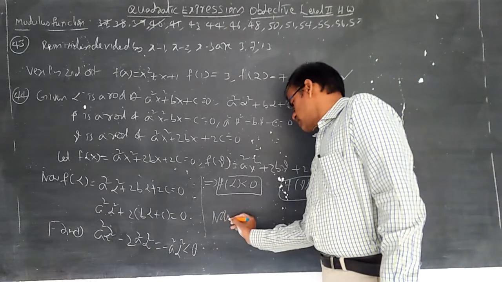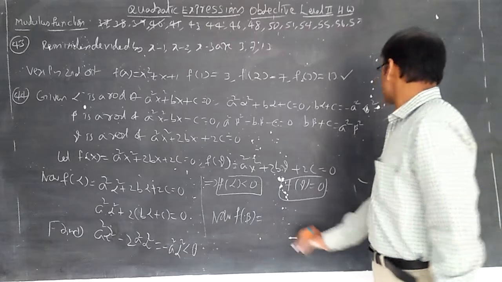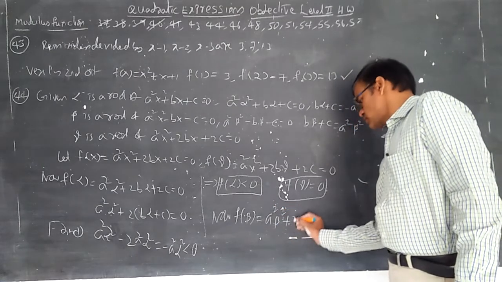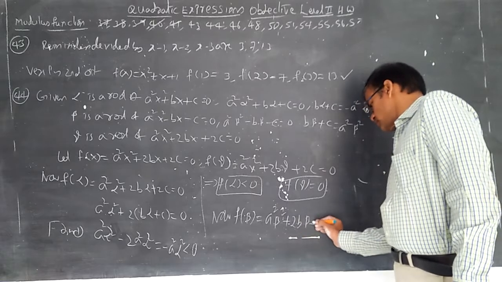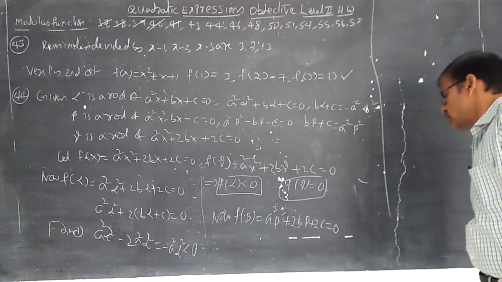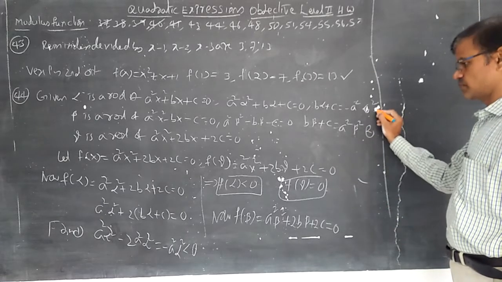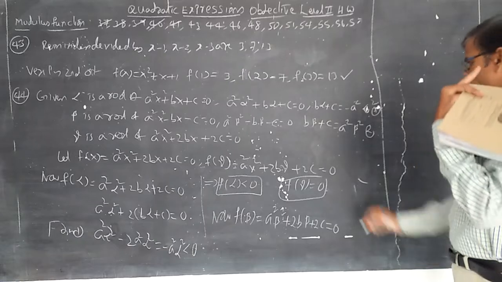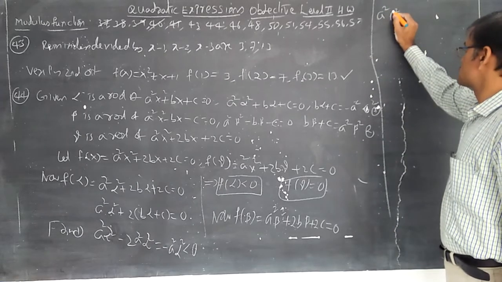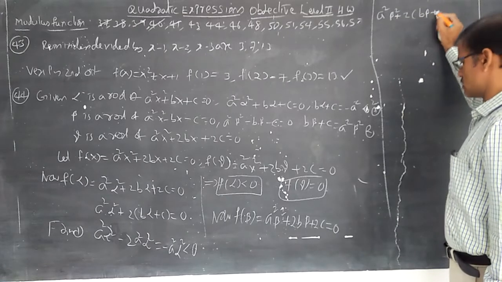Now I am writing f of beta also in this heading. Substitute f of beta here, that is a square beta square plus 2b beta plus 2c. It depends upon this equation, the second equation, using the b beta plus c concept. A square beta square, take 2 common here, it becomes b beta plus c.